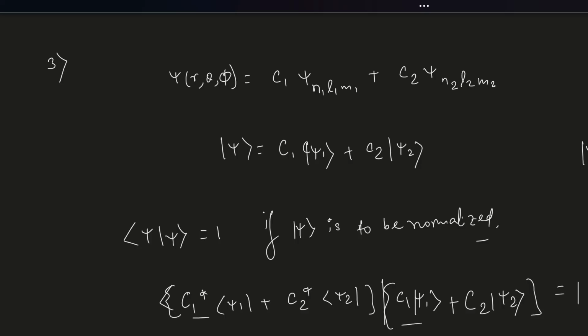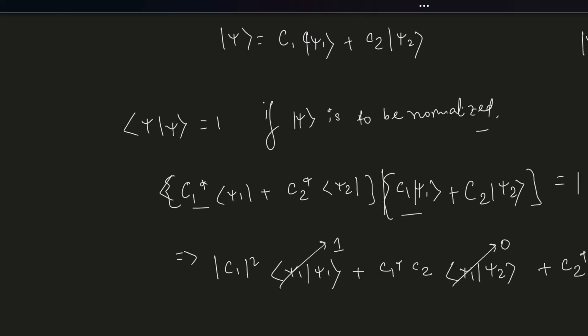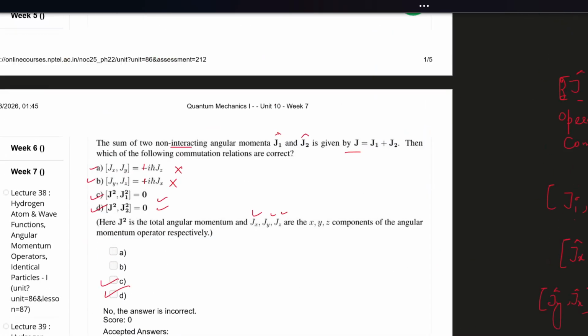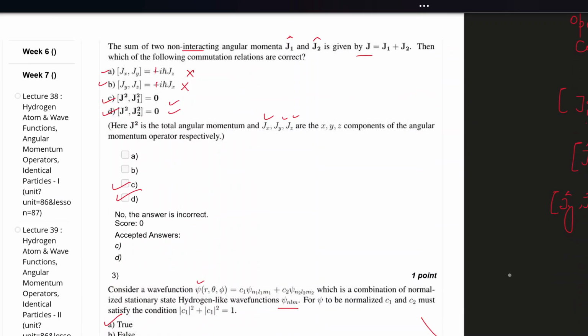So finally you get the normalization condition on psi as mod of c1 squared plus mod of c2 squared equal to 1, which is the correct answer. So it is a condition for normalization of psi, and we have not only stated but also derived that it is a true answer.